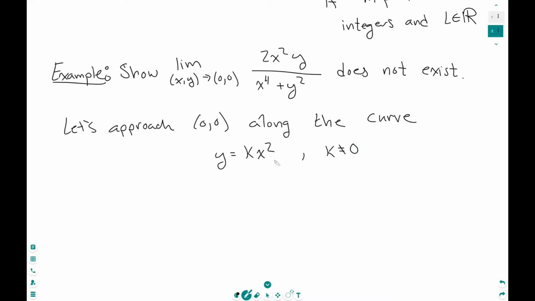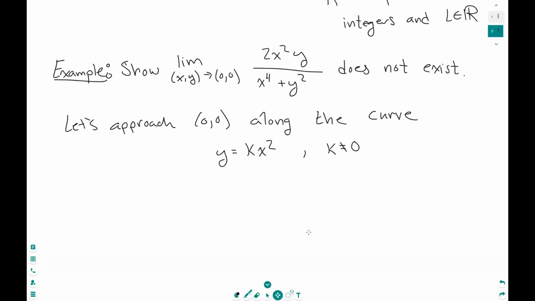Right? This includes the point 0, 0. And k just scales the slope of that parabola in this xy plane. So I'm going to travel along this curve and see what my limit is.